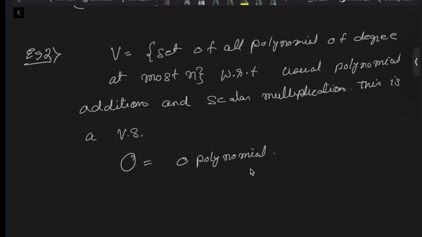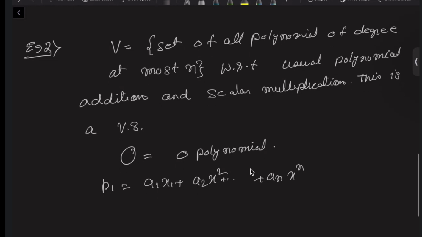And for any polynomial p1 which has the form a1 x + a2 x^2 + ... + an x^n, so if the polynomial has degree n, the highest power of the variable is x^n.